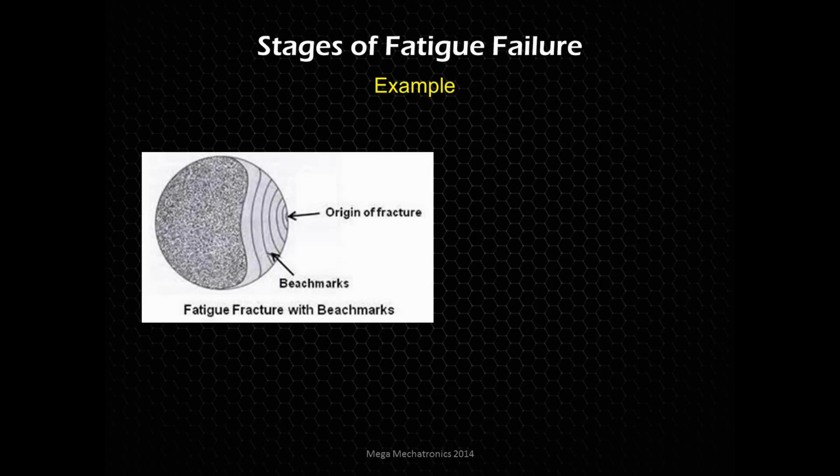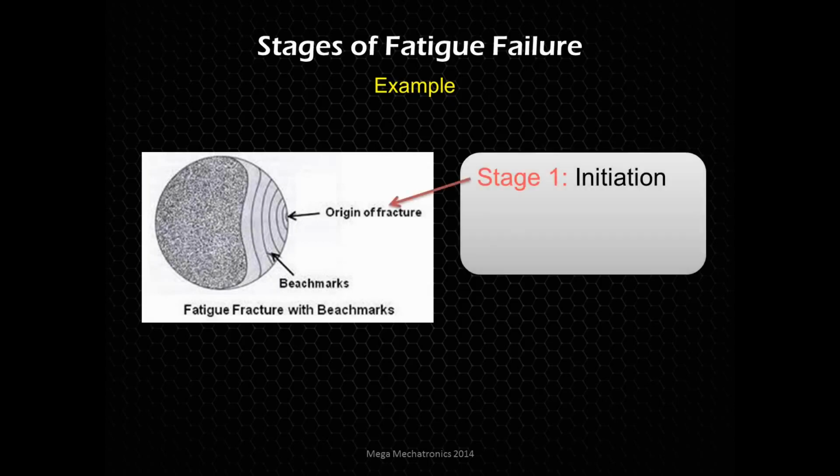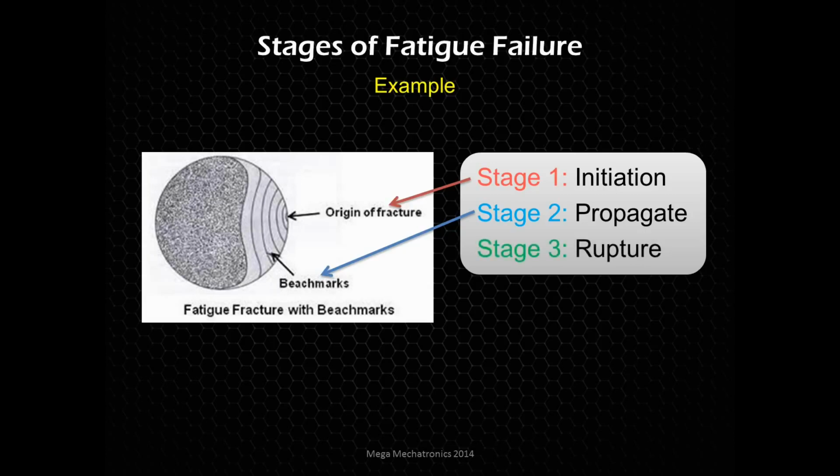So the striations are going to be much smaller. And then you see that sort of gray sandy area, and that's the rupture area. So we have our initiation at the origin. We have our propagation through these beach marks.